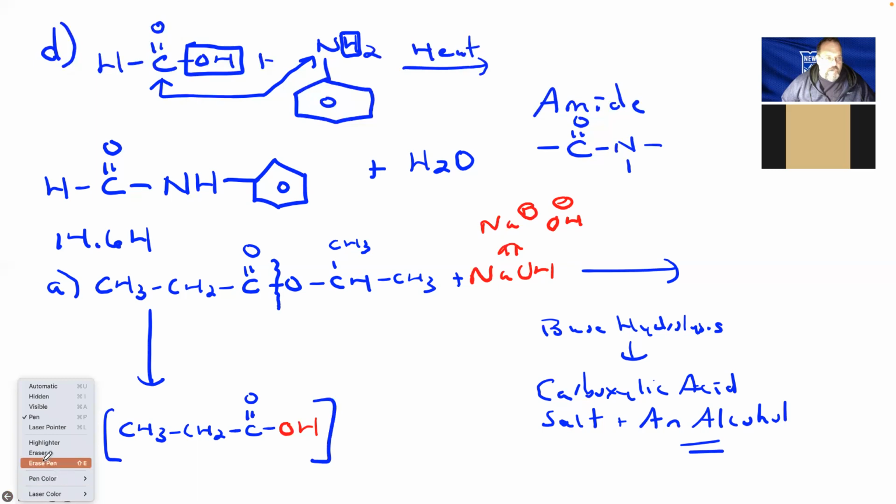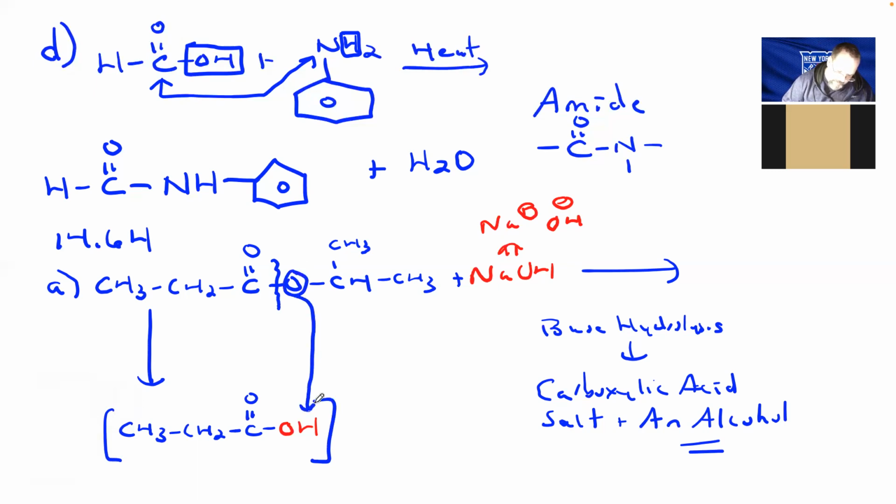Now, in this case, what I would say is that essentially the alcohol oxygen ends up picking up the hydrogen from the carboxylic acid. So the alcohol product here, you'll have the alcohol portion.